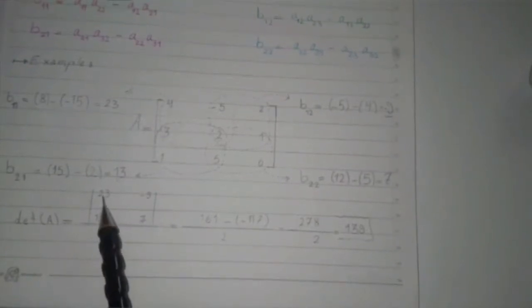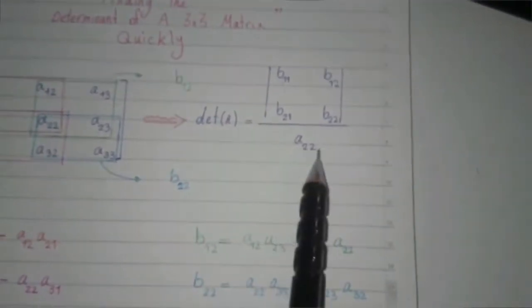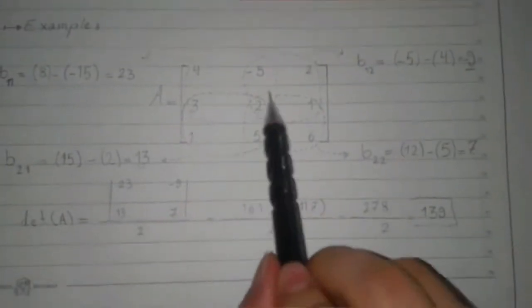And the determinant of the matrix A is equal to the determinant of this matrix here over A sub 2, 2. A sub 2, 2 here is 2.